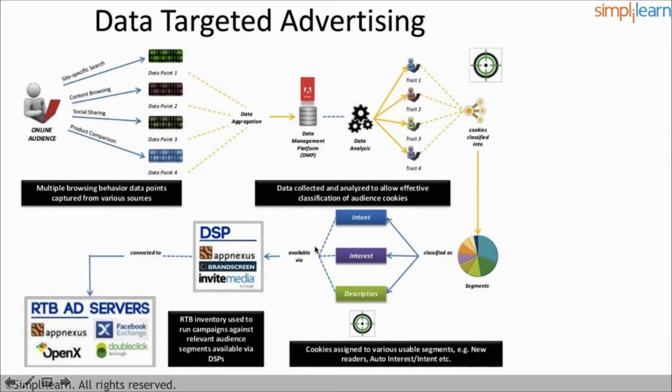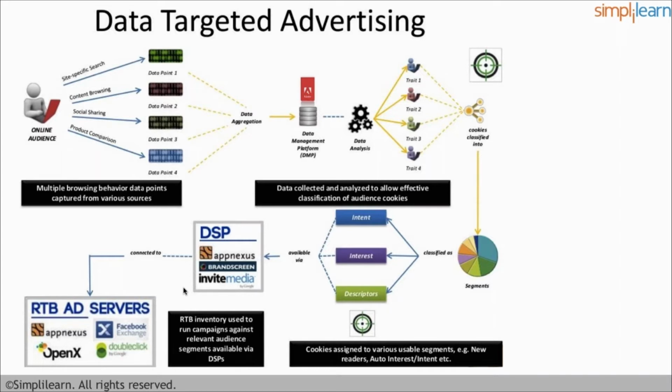On the basis of this, there is another platform called demand side platforms, the DSPs. They're the ones who really do a lot of work for the advertisers, and they're connected with the ad servers. On the basis of the ad servers, there's a lot of real-time bidding which works across. When I say real-time bidding, there is a bid for every single impression.